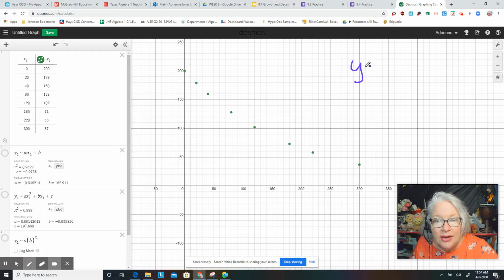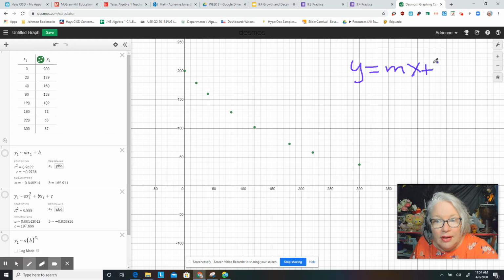We've done linear. We have done quadratic. See, there's a square on my x, no square there. And now we're doing exponential.